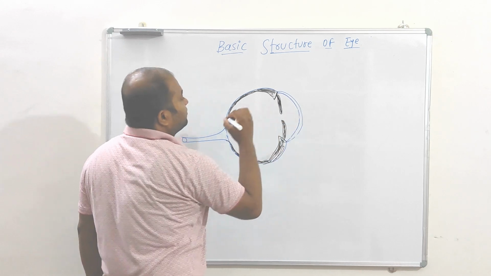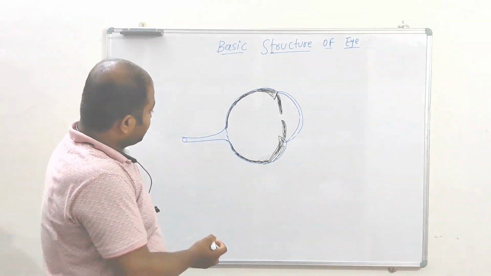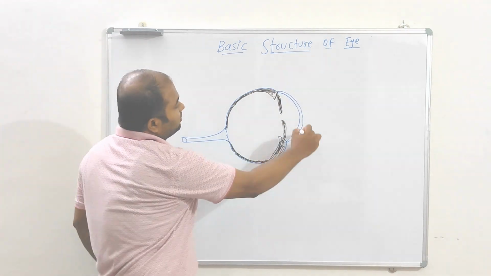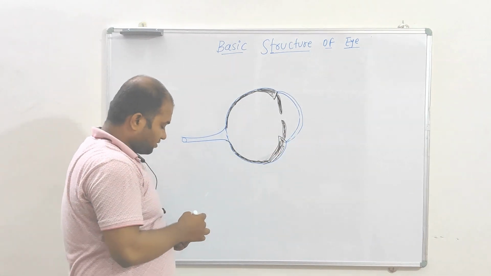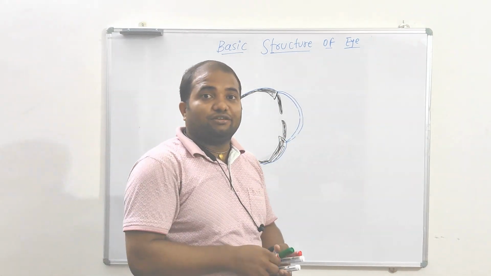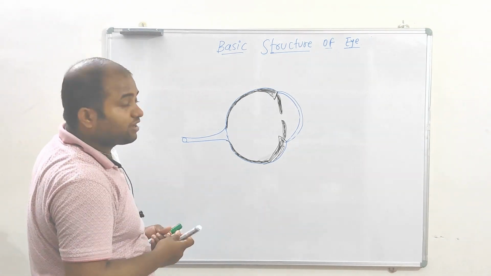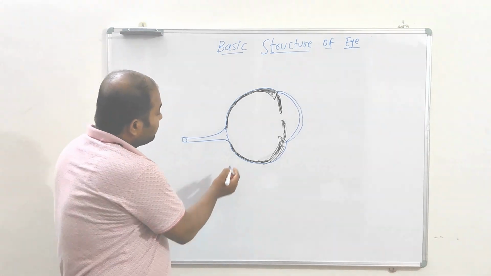So we have seen the outer coat, this is the middle coat, the black one, the middle wall. Now we are going to see the inner coat or inner wall of the eyeball.